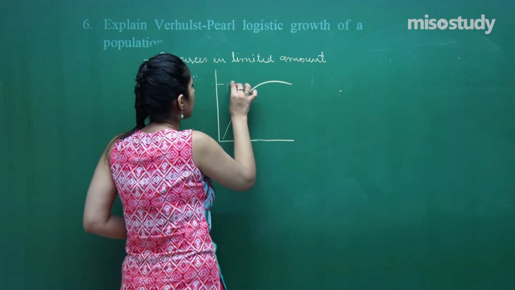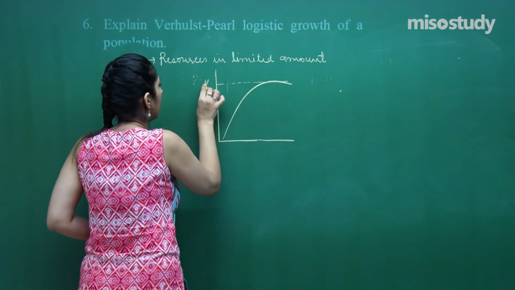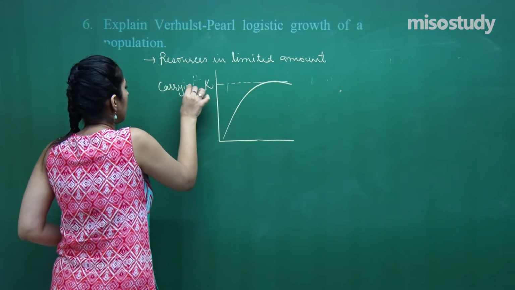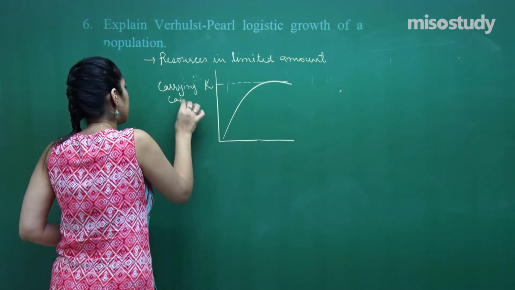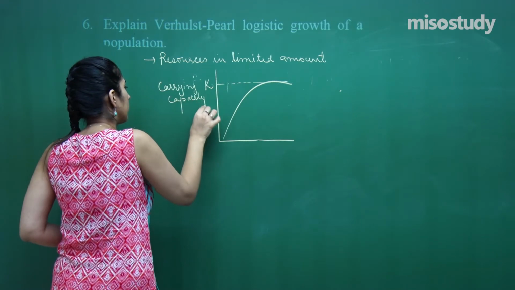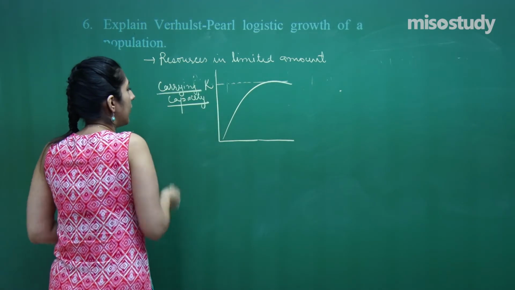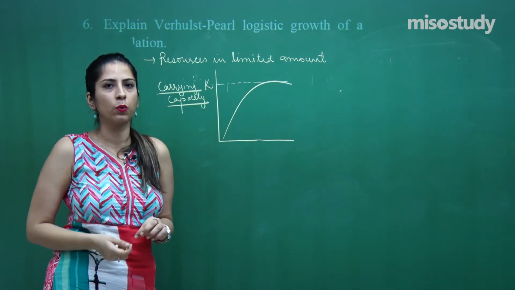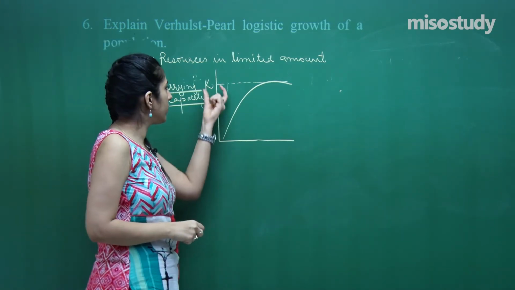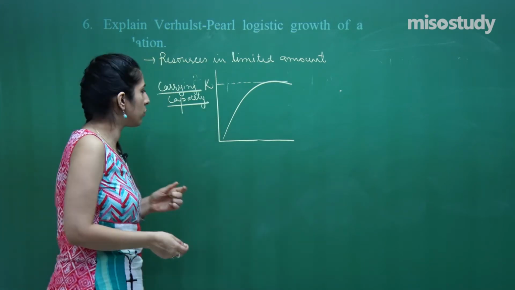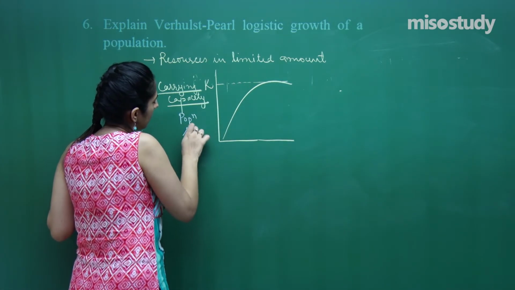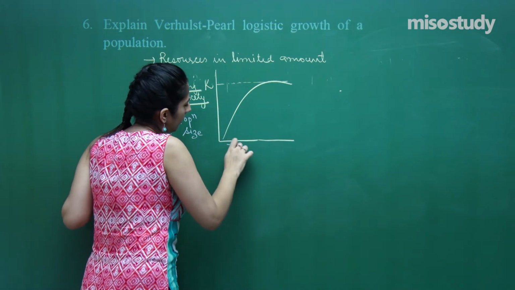This is called K, carrying capacity. We have discussed carrying capacity in the session, that beyond this carrying capacity, the population will not be able to grow. In this, the whole graph, this is population size with respect to time. This is population size, this is time.